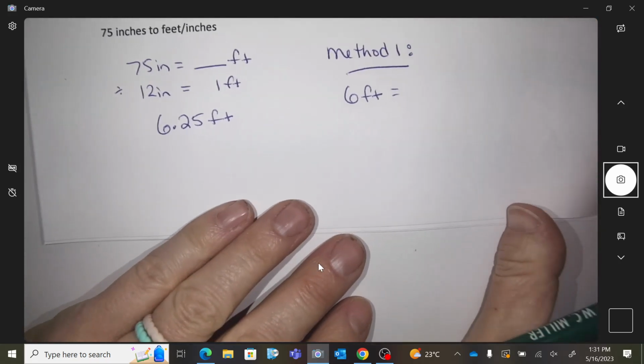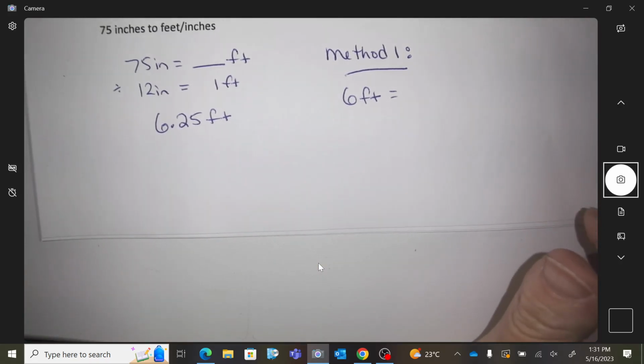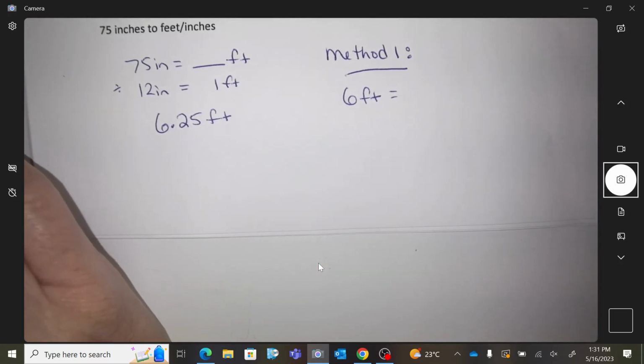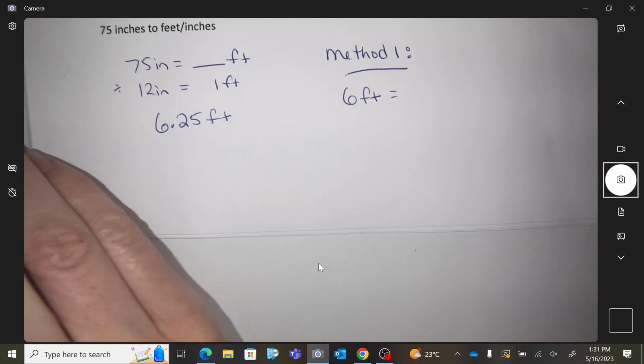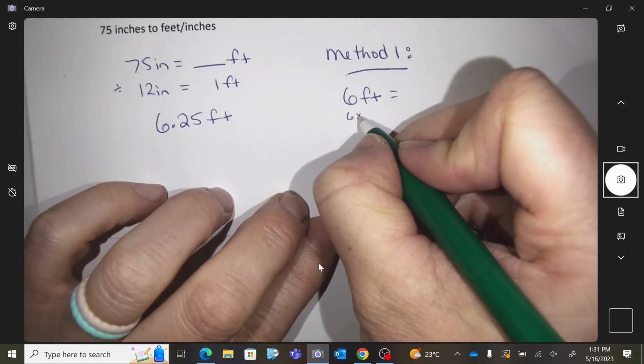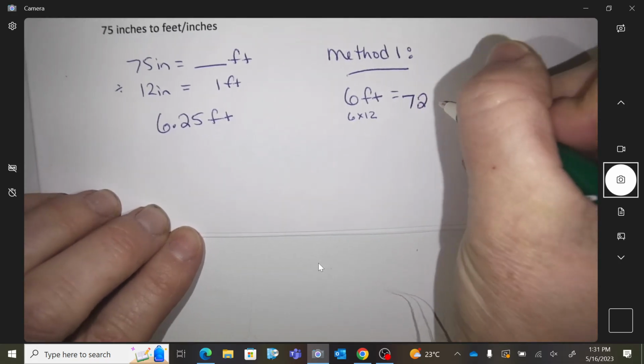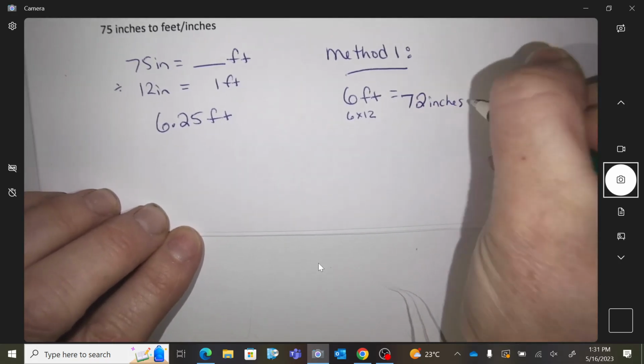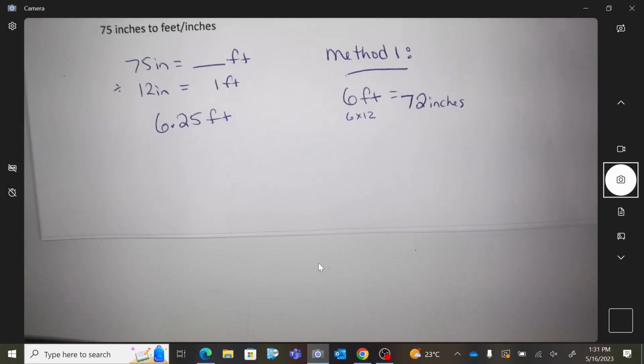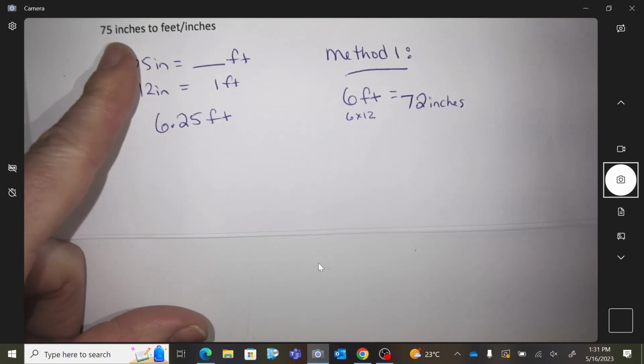Six feet. I for sure have 6 feet, which is how many inches right now? So 6 times 12, or how many? So 6 feet means you've gone all the way to 72 inches, which means how many more inches do you have?